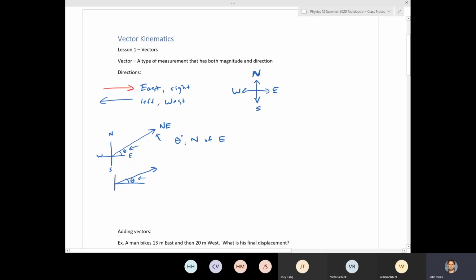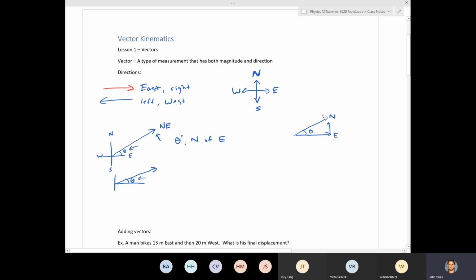Now think about this, north of east. If I start east and I go north of that, I start going that way. This is specifically north of east. I'm taking my arrow and rotating it up towards the north. And that's how I'm figuring out that the angle I drew is north of east. It's created by traveling north from east.